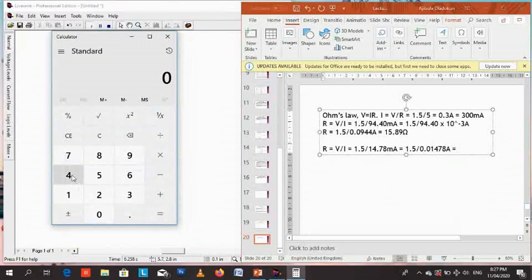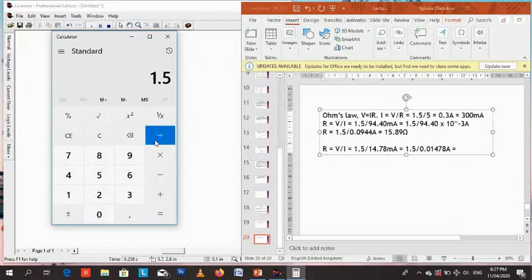And that will be equal to, let's use the calculator, 1.5 divided by 0.01478, which equals 101.488 or 101.49 ohms. So we see here that the resistance is a lot higher, but let's confirm.